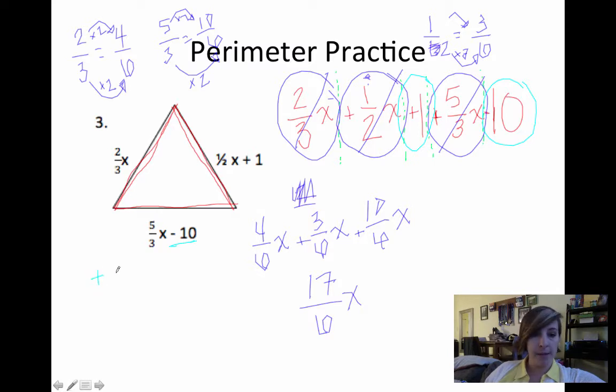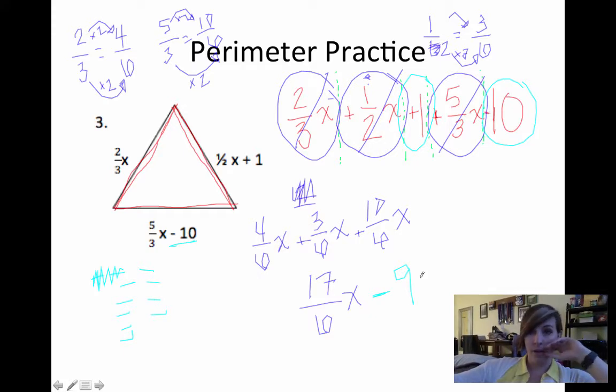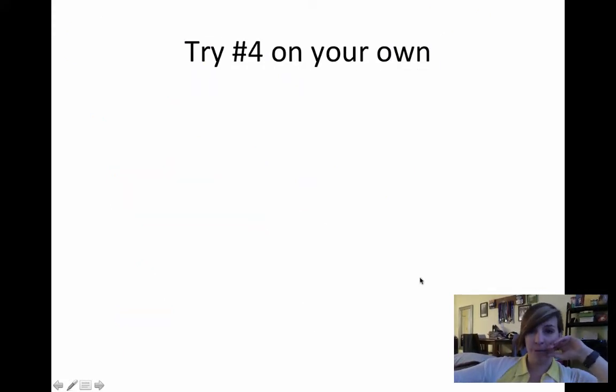So I have 1 positive and 10 negatives. This positive and this negative cancel out. I'm left with 1, 2, 3, 4, 5, 6, 7, 8, 9 negatives. So my final answer is 17/6x minus 9. All right, try number 4 on your own.